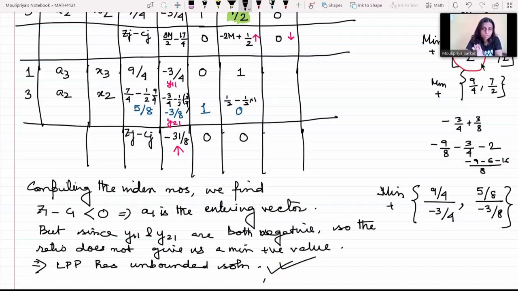Okay, so this completes our simplex algorithm part. Next class, we would learn about how to convert a minimization type problem to a maximization type and vice versa using the method of duality. And that part would complete your syllabus for the first internal.